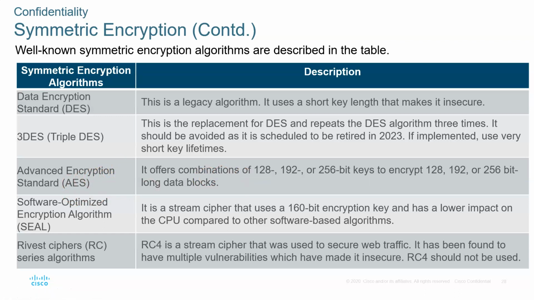Then you've got SEAL, the software-optimized encryption algorithm, which has 160-bit encryption keys. Then you've got the Rivest ciphers, RC4 and so on, or even RC6, which is pretty competitive with AES. Very, very strong keys. So most likely you'll be using AES from now on.